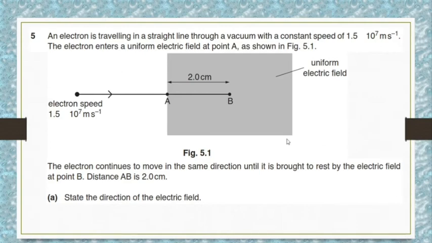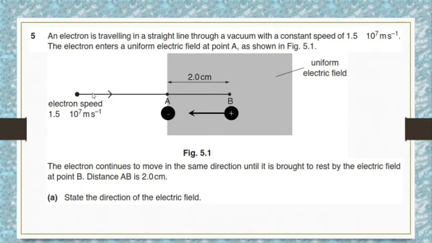So I will just assume that this part of the electric field is the negative, and this part is the positive. So the electric field will be directed from the positive to the negative here. This is the direction of the electric field lines.